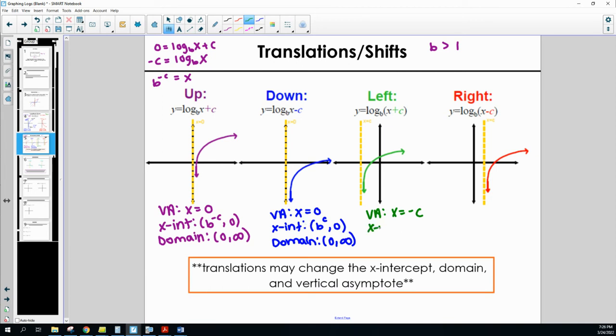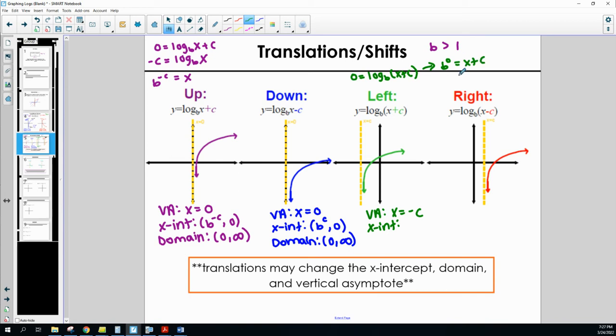For the x-intercept, again, I will be plugging in 0 for y. So 0 equals log base b of x plus c. Now the log is by itself. There's nothing added or subtracted outside. Even though there's a plus c inside, it's part of the log. So I can go ahead and change forms. b to the 0 is equal to x plus c.